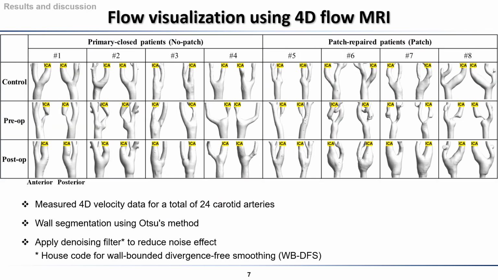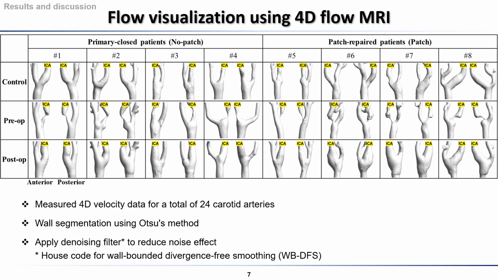Using our configured experimental setup, we measured the 4D flow MRI data for these 24 carotid artery models as follows. The obtained data was segmented into an inner fluid region and the outer noise region using the OFS method. And based on this, the location of the wall surface was established in a proper way.